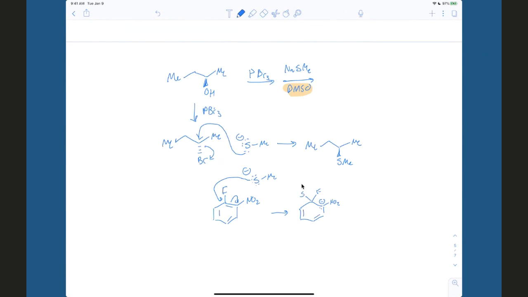And then the fluoride gets kicked out. I think these are the only two times I would be adding them in as reagents. Okay. There's another person who said something.